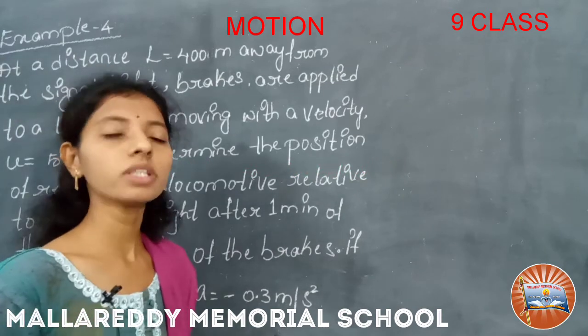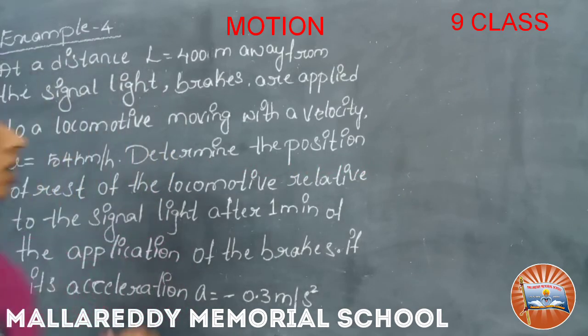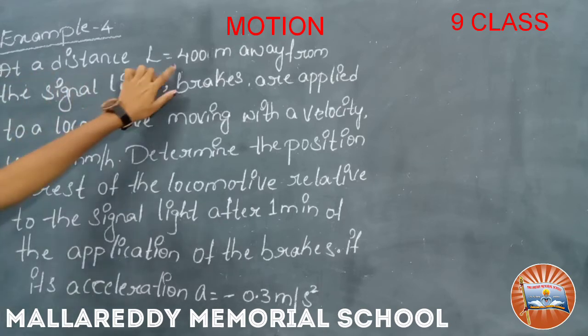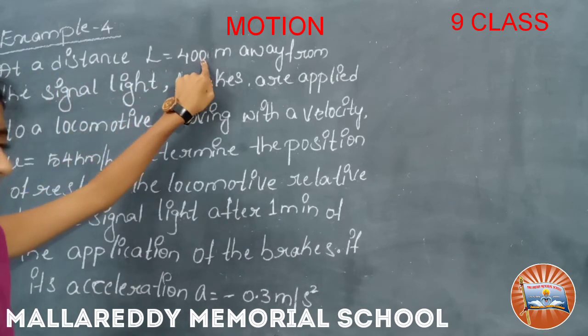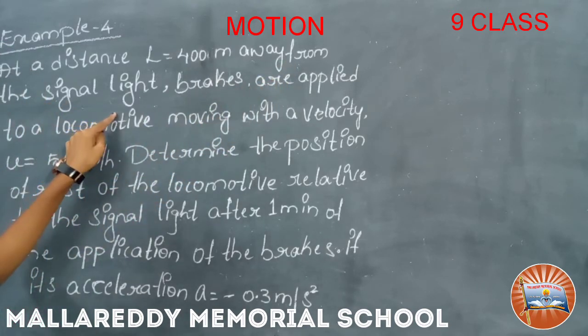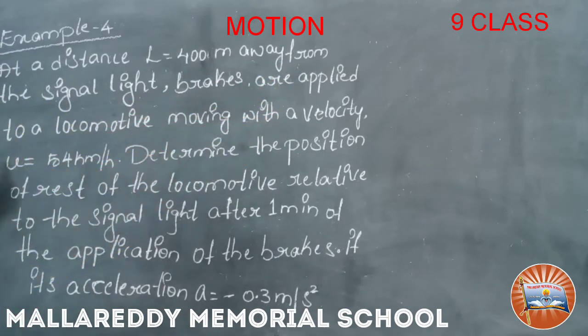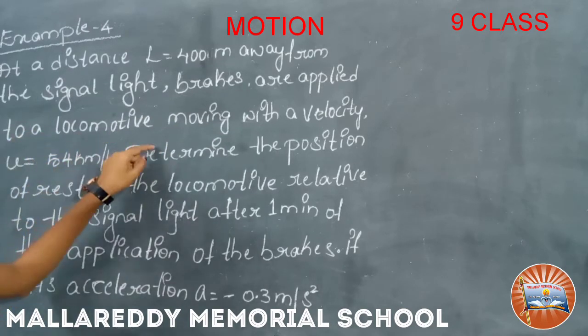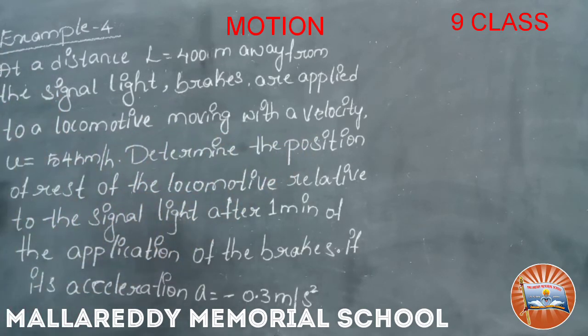Now see the next one, example 4. The question is: at a distance L equals 400 meters away from the signal light, brakes are applied to a locomotive moving with a velocity. Here the initial velocity is given, u equals 54 km per hour.